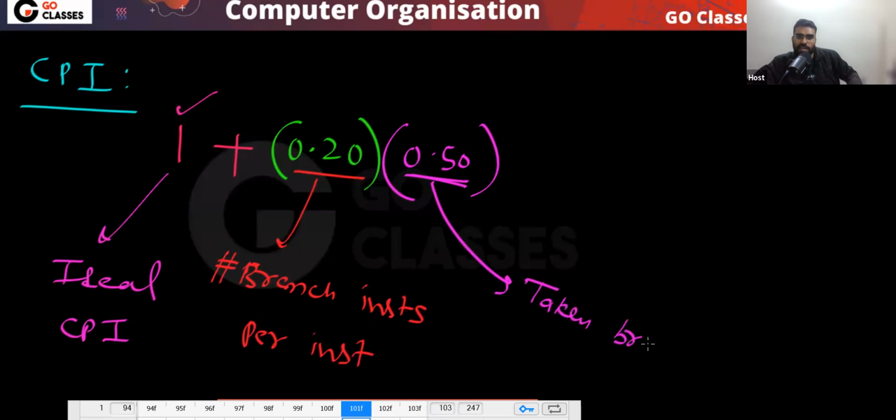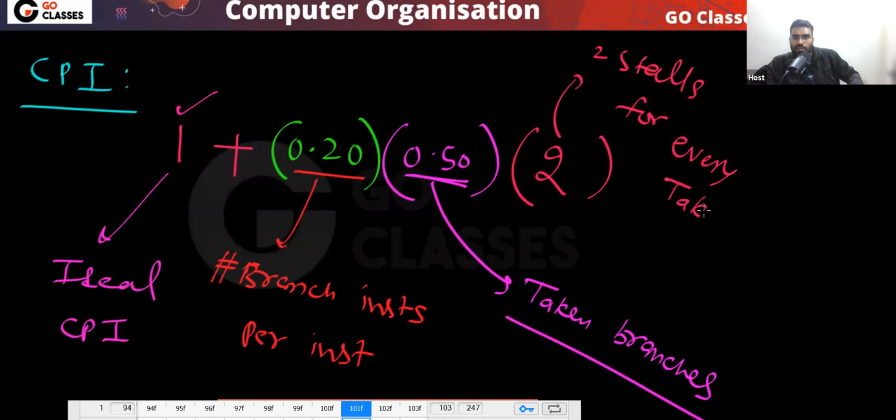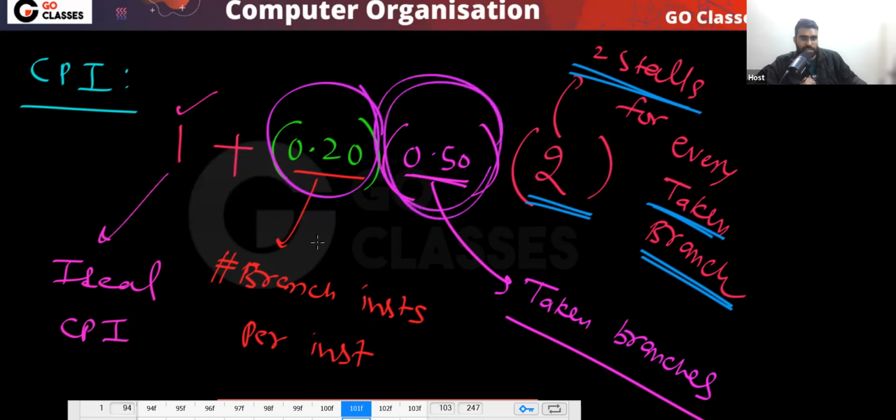Among these branches, 0.50 are taken branches.